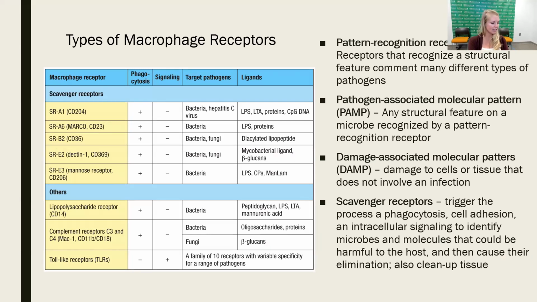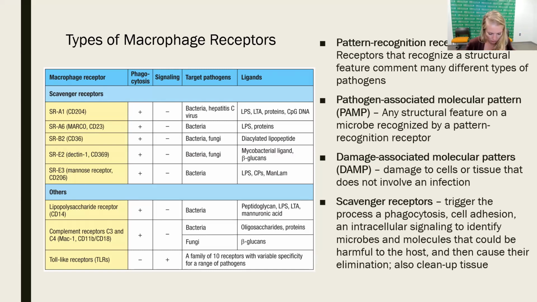So we have these different types of receptors. We have scavenger receptors, and we have LPS receptors. Lipopolysaccharide is what LPS stands for. Complement receptors we talked about in chapter 2. And then there's this group of toll-like receptors that we'll look at just a little bit more.